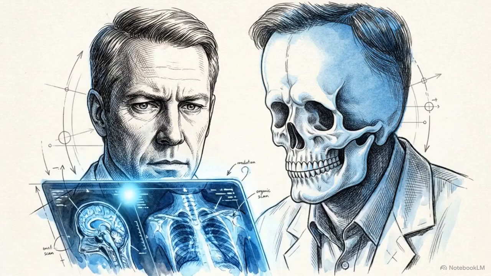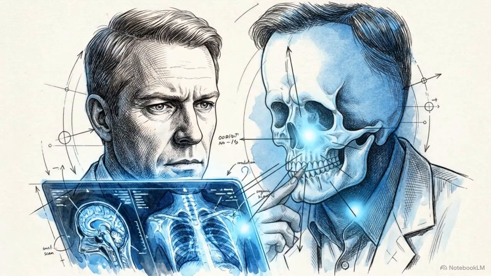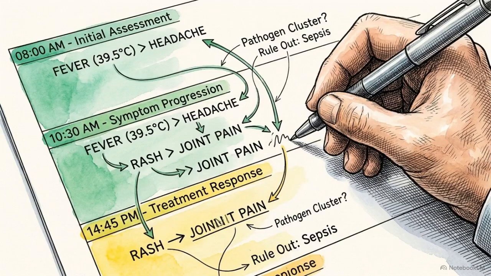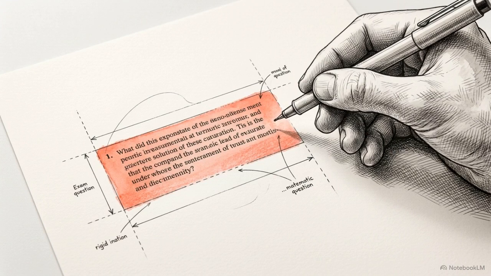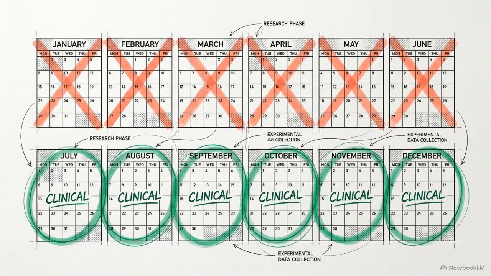This level of assessment requires a clinician's index of suspicion, the ability to reformulate hypotheses as new clinical variables appear. The MEQ timeline forces the student to demonstrate this index of suspicion through documented, sequential decision-making. Because an SAQ cannot measure a student's ability to pivot during a case, it is not a direct substitute for Level 3 testing.